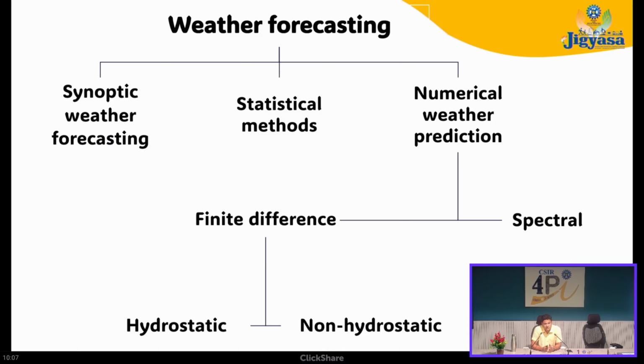Finite difference also has two components, hydrostatic and non-hydrostatic. In finite difference, you will know the Unified Model, WRF, or hurricane WRF, the HWRF. These are all finite difference models where all the equations are solved at particular grid points.